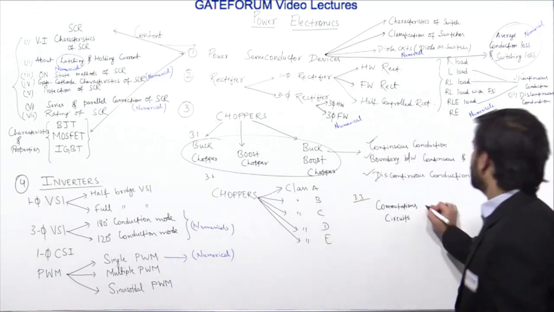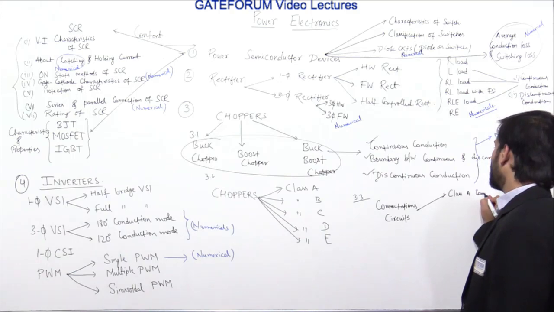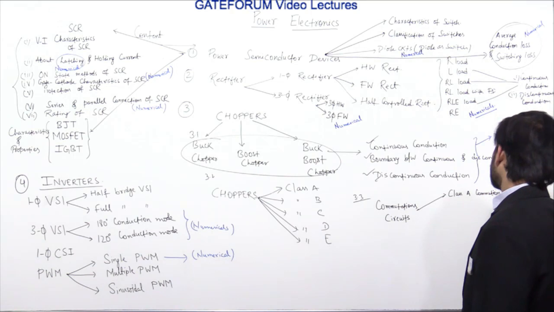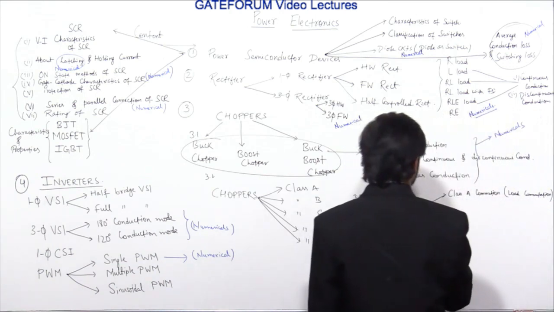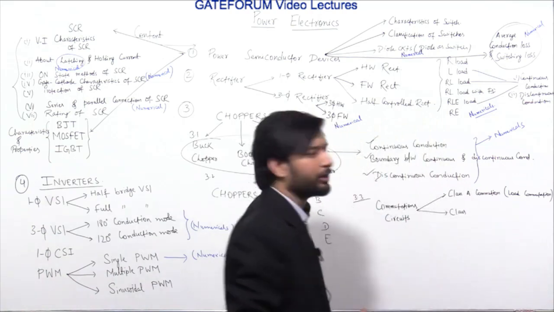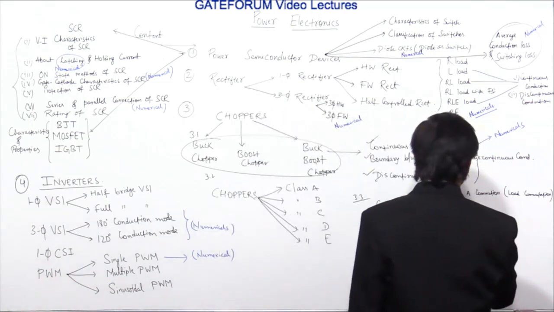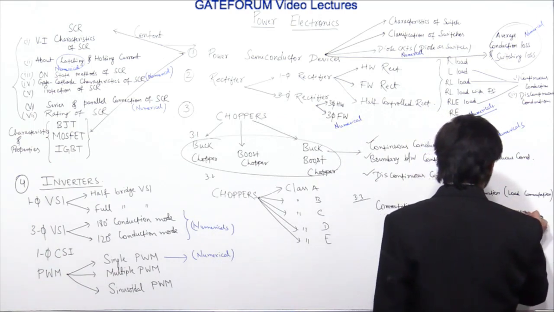In which I'll be covering class A commutation, that is also called load commutation. Class B commutation. See, commutation is nothing but the process of turning off the SCR. We'll discuss in brief. Class B commutation is also called resonant pulse commutation or current commutation.